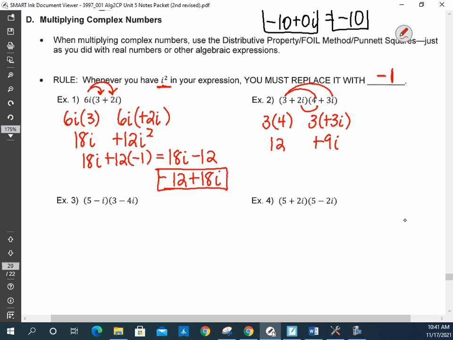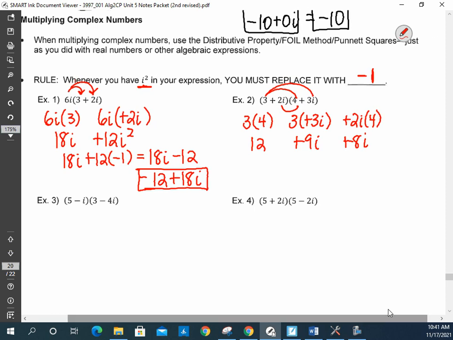2i times 4, plus 8i. And then positive 2i times positive 3i, 6i squared. So now we got some combinations that we can do.